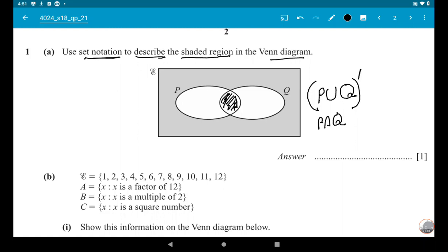If we want to remove this part, so what should we do? We can take the complement of this, maybe this. Okay, it's up to us. If I say P complement intersection Q, then we will remove this and only the shaded area remains, right?